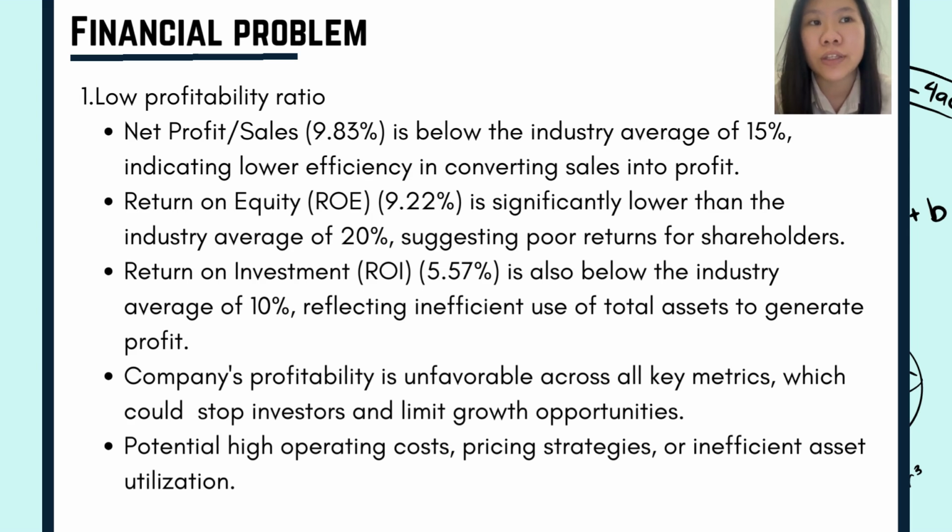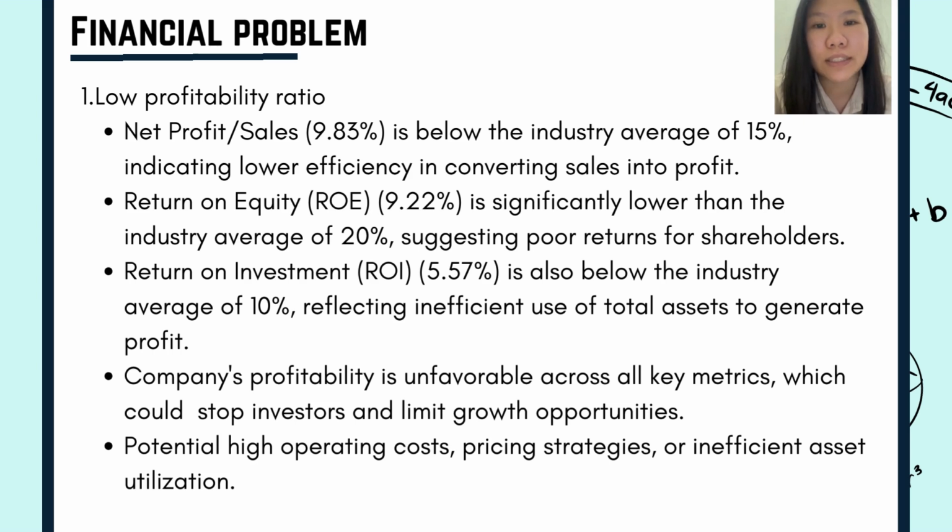And also our ROE, return on equity, which is 9.22%, is significantly lower than the industry average of 20%, suggesting poor return for shareholders. And our ROI, return on investment, 5.57%, is also below the industry average of 10%, reflecting inefficient use of total asset to generate profits.